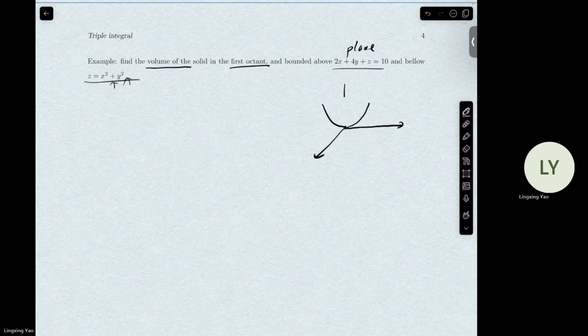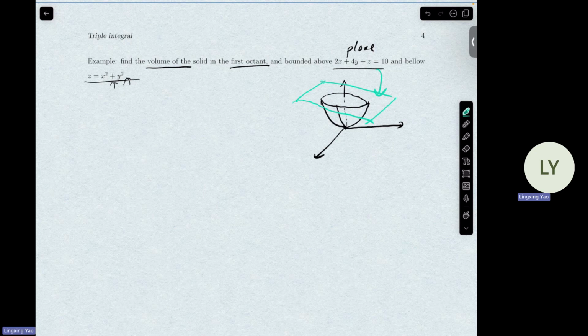All right. And then there will be a plane. Where is the plane? Well, this plane is sort of coming from here.